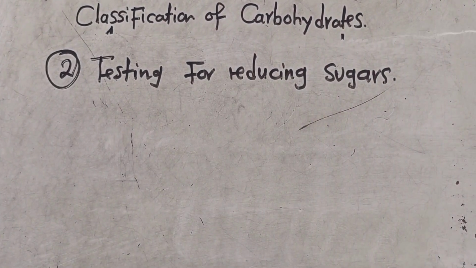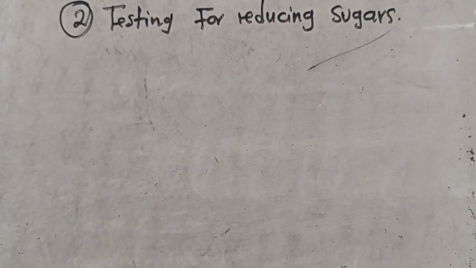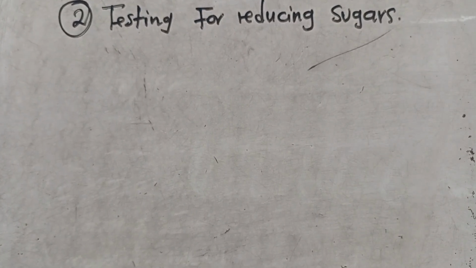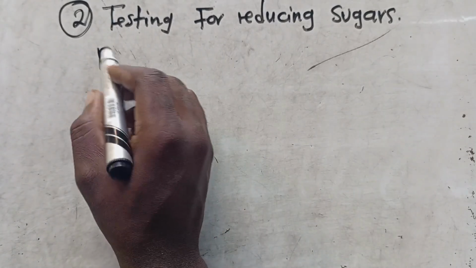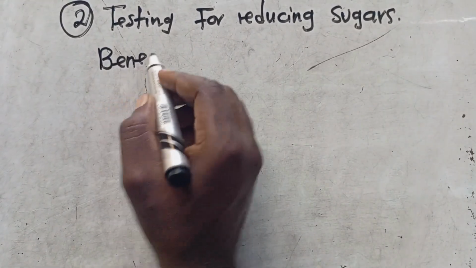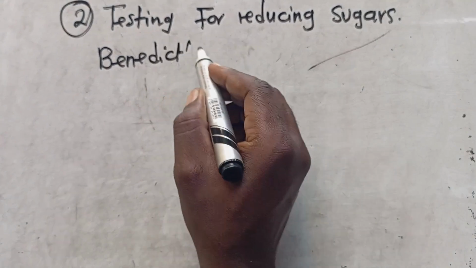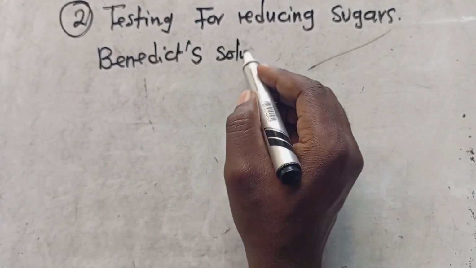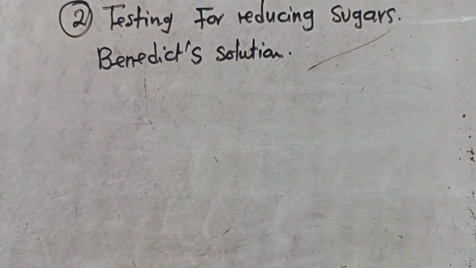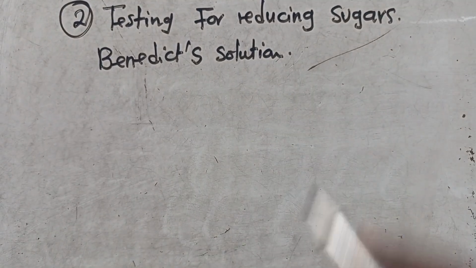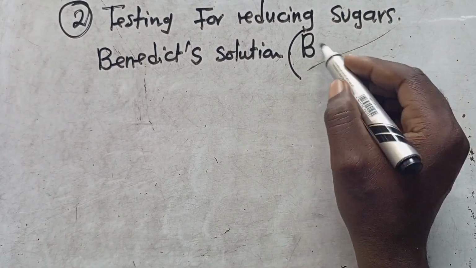If we are testing for reducing sugars, there are certain things that you have to know. The test for reducing sugars can be performed using a reagent that we call Benedict's solution.